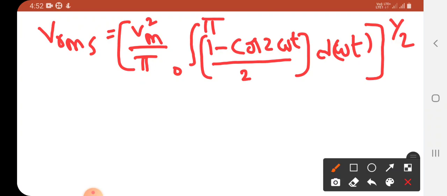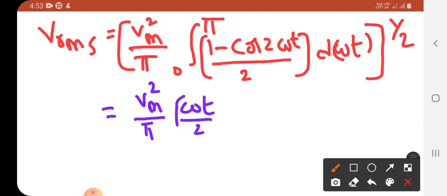It is omega t by 2 at limits 0 to pi, minus the integration of cos 2 omega t, which is sin 2 omega t by 2, already by 2 is there.